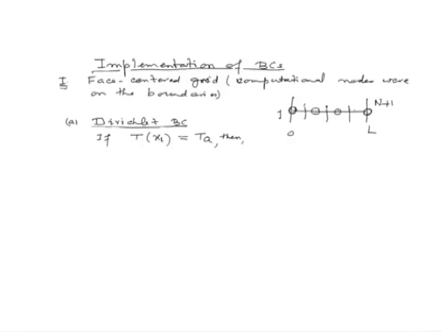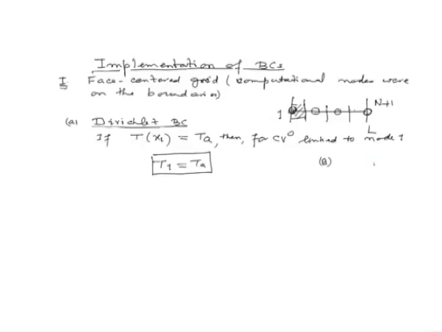There is one control volume which is linked to this boundary node 1. For that, we have a very simple expression, that is T1 is equal to Ta. Let us call this equation 8 in continuation.